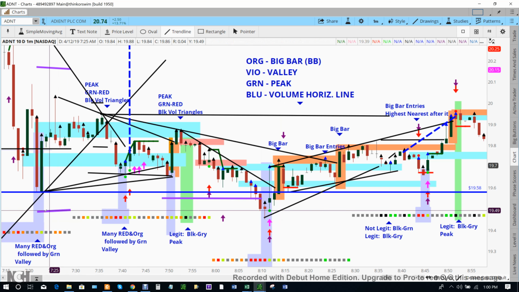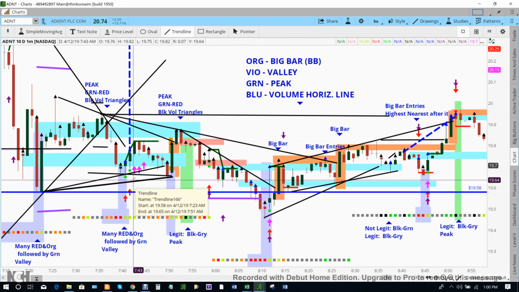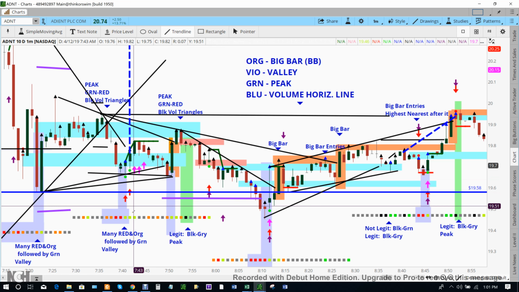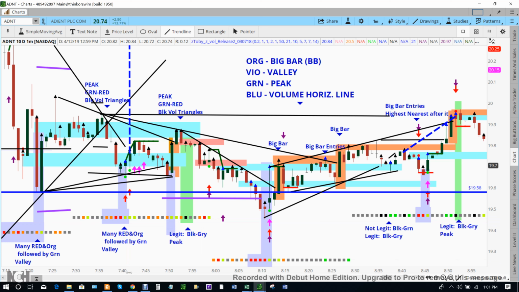And then of course you use these diagonal resistance and support lines. And again, one of the big rules of thumb is, if you're in a downtrend, you should do shorts, and if you're in uptrends, you do longs. So in the case of a downtrend, you can see how these bars are coming down.